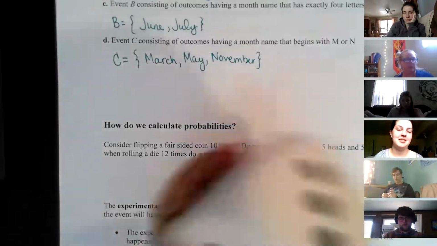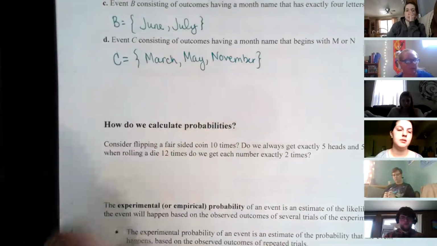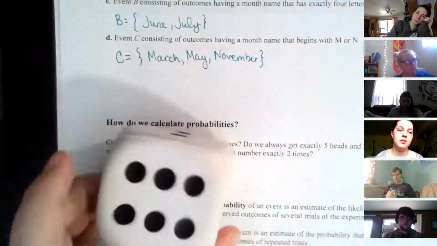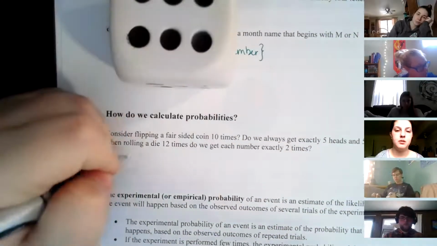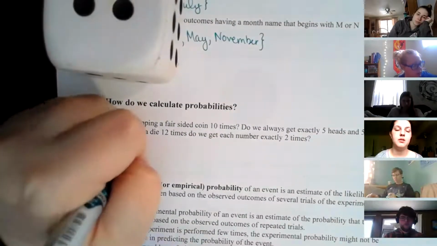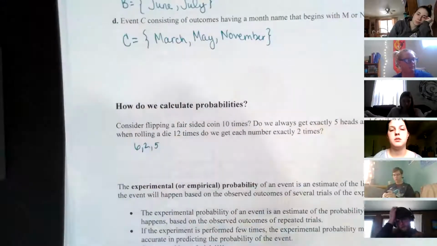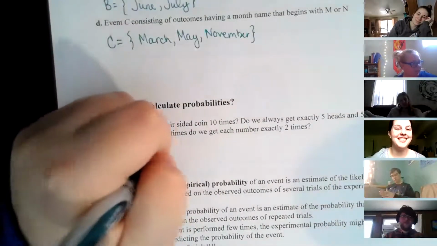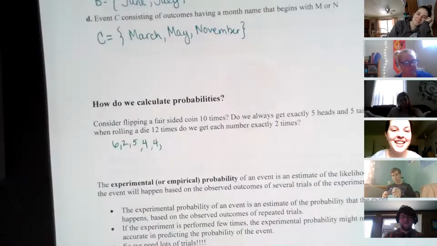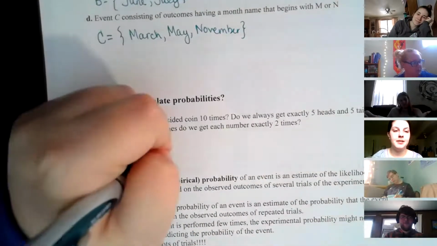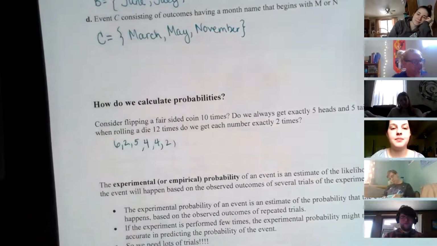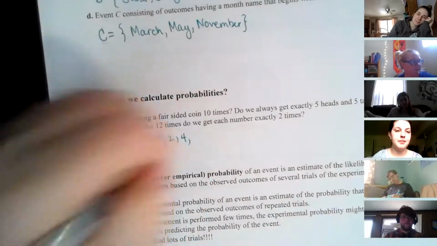Well, I have a die right here. So if I roll it 12 times, I got a 6. A 2. A 5. A 4. I really hope you get each one twice, that would be funny. A 2. A 4.